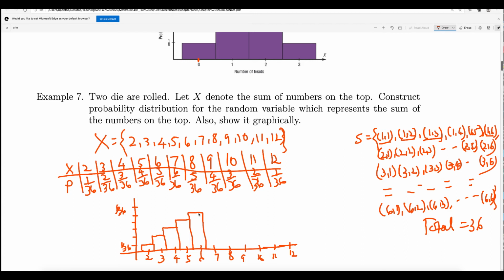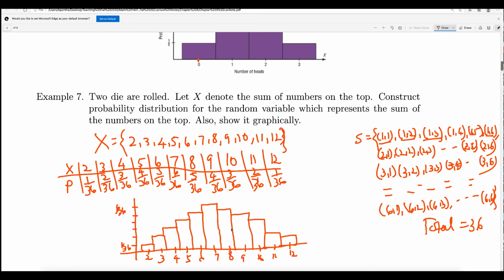And then 6 over 36, that is the highest one. Now it starts to decrease: 5 over 36, then 4 over 36, 3 over 36, 2 over 36, and then 1 over 36. You see that? It looks like a symmetric distribution.